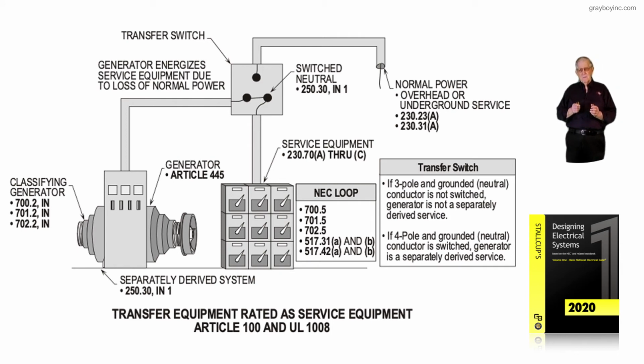And if you happen to be into healthcare facilities, 517.31(A) and (B) and 517.42(A) and (B), which is reviewed, I believe, in volume 2 of the Stallcup's electrical design book.